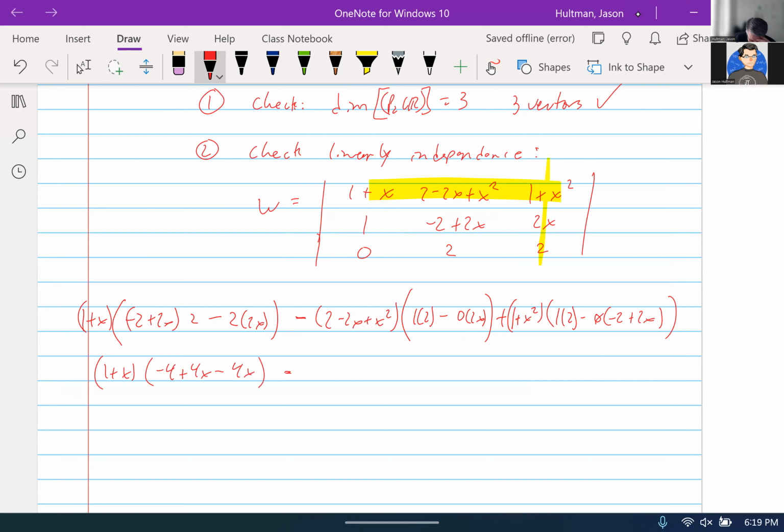Okay, minus 2 minus 2x plus x squared times 2. Okay, that just goes to 0. Okay, and then plus 1 plus x squared times 2 minus 0. This just goes to 0 as well, times 2.